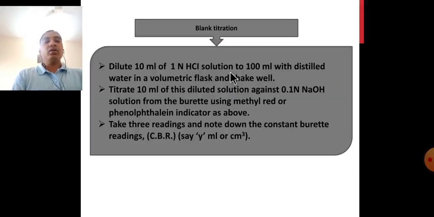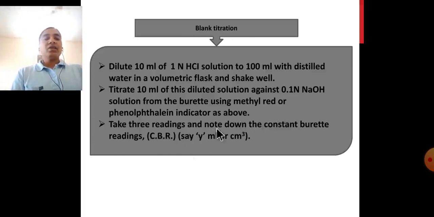Blank titration without antacid tablet: dilute 10 ml of 1 normal HCl solution to 100 ml with distilled water in a volumetric flask and shake well. Titrate 10 ml of the diluted solution against 0.1 normal NaOH solution from the burette using methyl red indicator or phenolphthalein. Methyl red shows yellow to pink-red, and phenolphthalein shows colorless to pink.